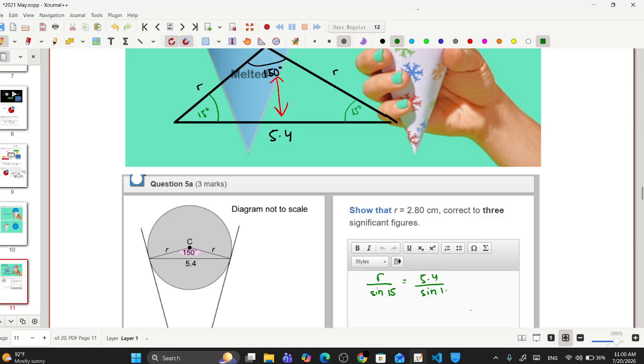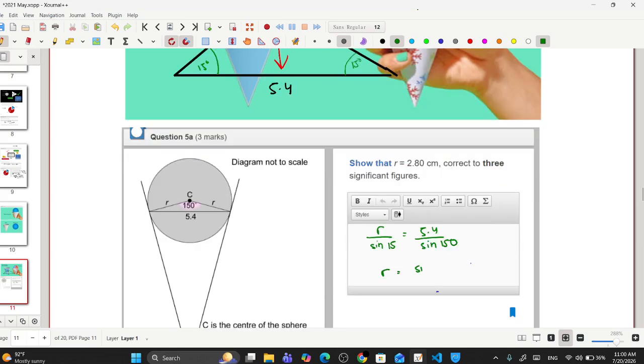R equals sine of 15 multiplied by 5.4 divided by sine of 150. Can you put it on your calculator and tell me what answer you get?